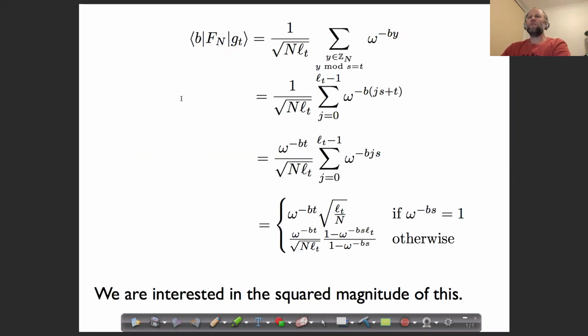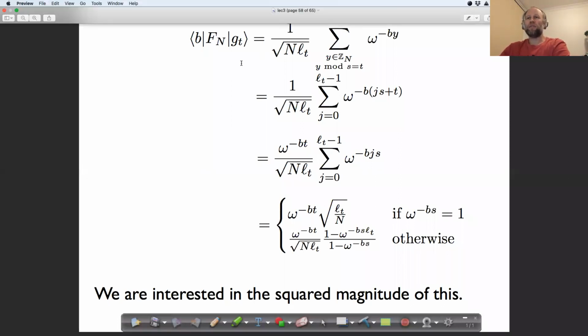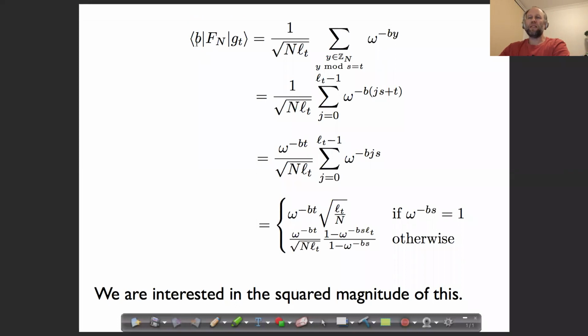Okay, good. So the first thing that we have to do, and this is where it gets slightly technical, is we just have to compute the amplitude of the bth entry of the Fourier transform of gt. So what is that?